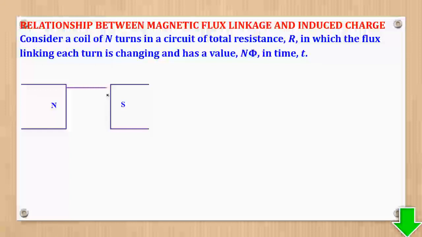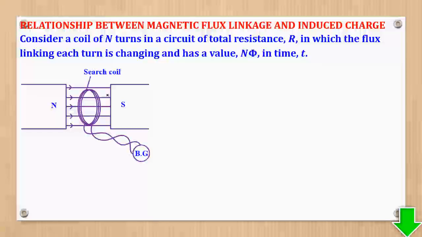So we have pole pieces provide an external field. Then we shall put a coil. And a ballistic galvanometer.